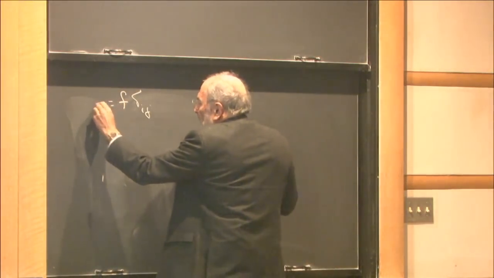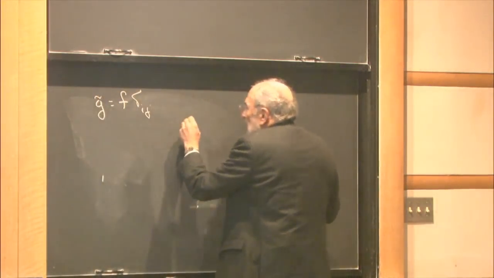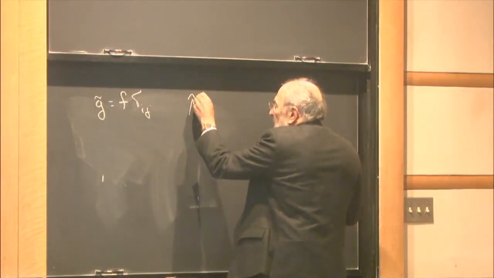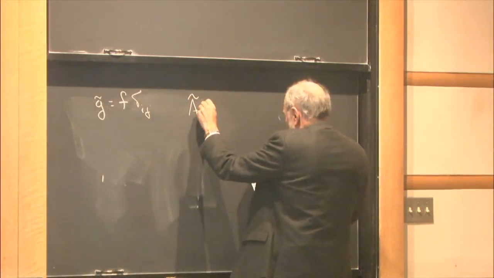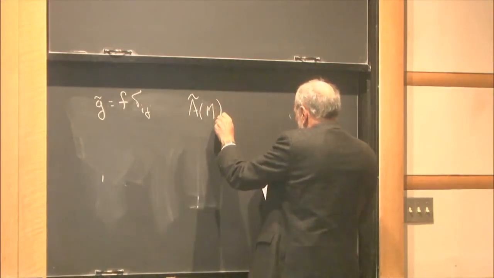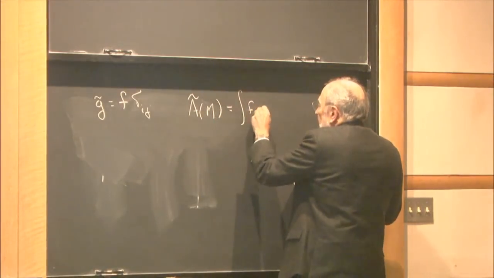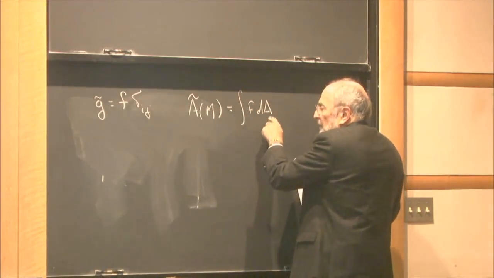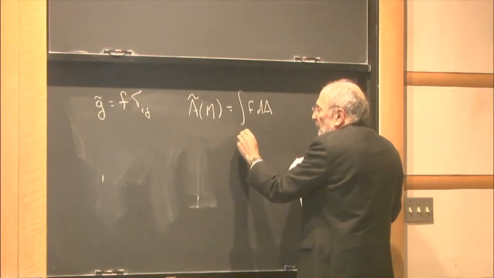And I call this metric g tilde. And I want to look at the area in that metric of some surface M. So that's the integral of f dA, where this is the standard metric induced on the surface.